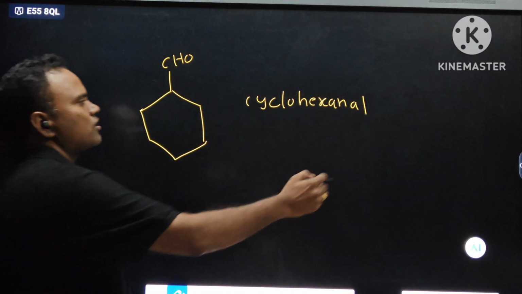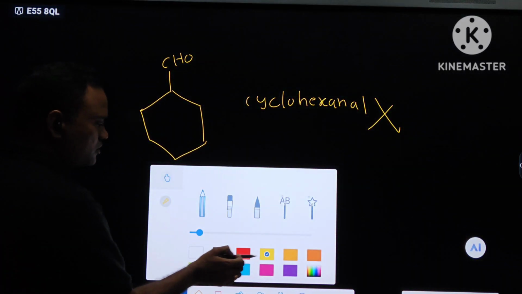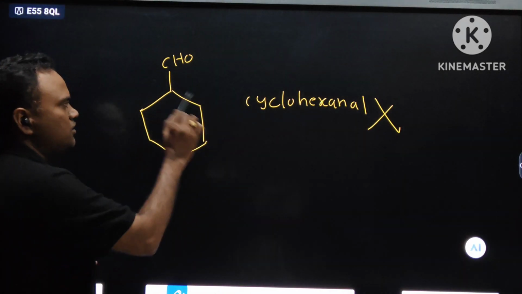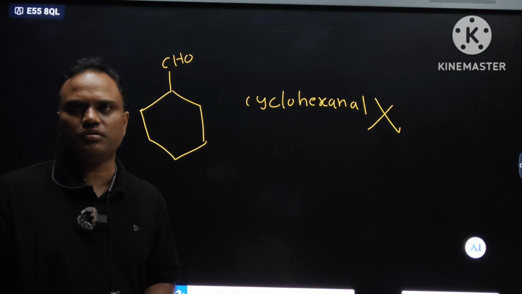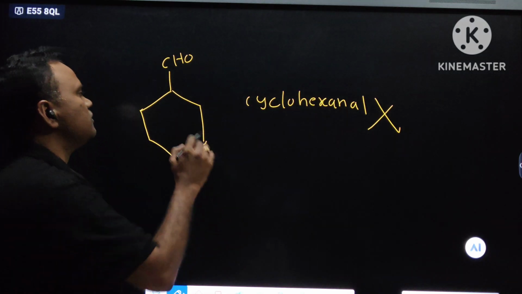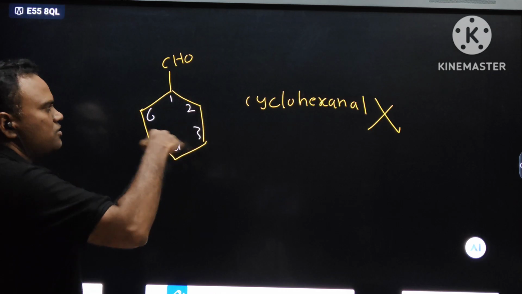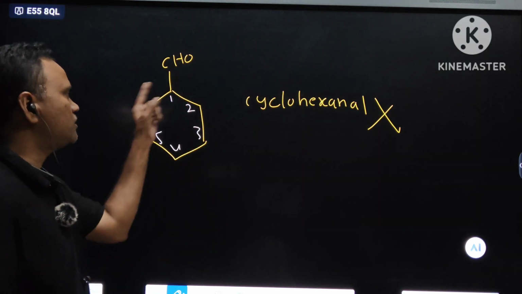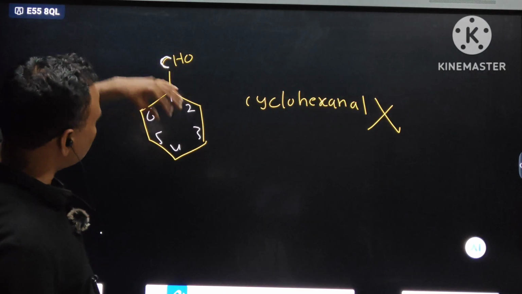Yes, this is wrong. Why? See, in the ring, the functional group carbon is not included. Observe this ring. It is a 6-member ring. In this ring, the functional group carbon is not included. It is away from the ring, out of the ring.